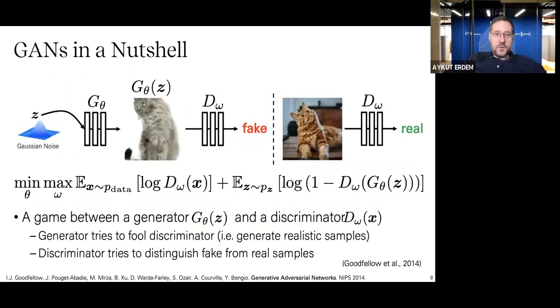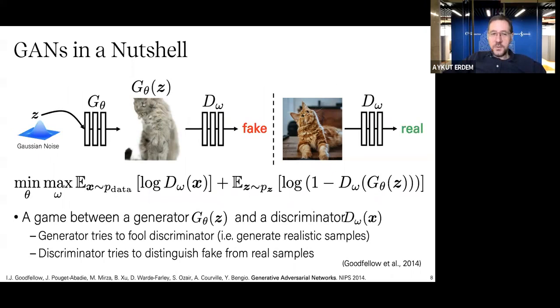In our work, we use the generative adversarial networks framework. In a nutshell, let me describe the main idea behind this model. Here we are training not a single network, but two separate networks. One is the generator network and the other is the discriminator.